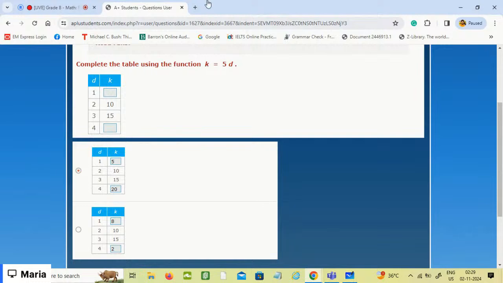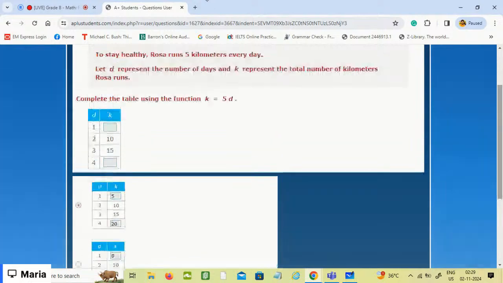The correct option is option number 1, that is k equals 5 and k equals 20. Option number 1 is the correct option.